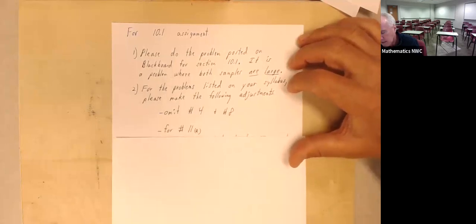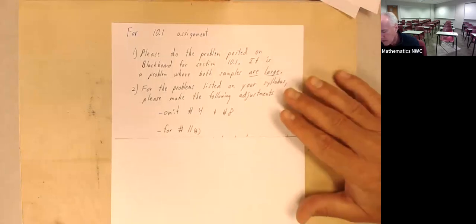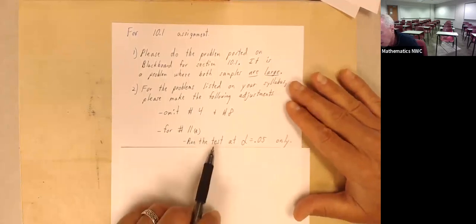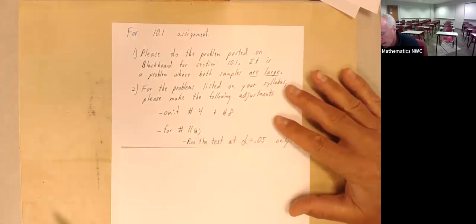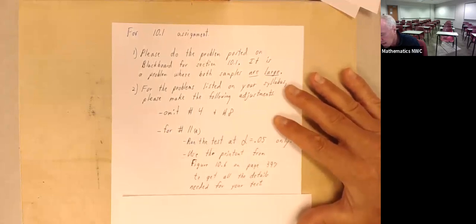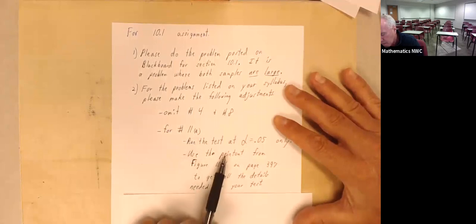For number 11A, that's part of your assignment in your syllabus, I want you to only run the test for alpha to be 0.05. In part B, they give you a whole bunch of alpha levels. Just run the alpha at 0.05 only. And make sure that you get this. There's a printout. They call it figure 10.6.